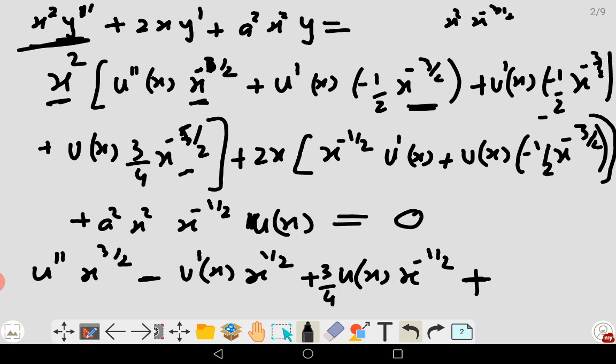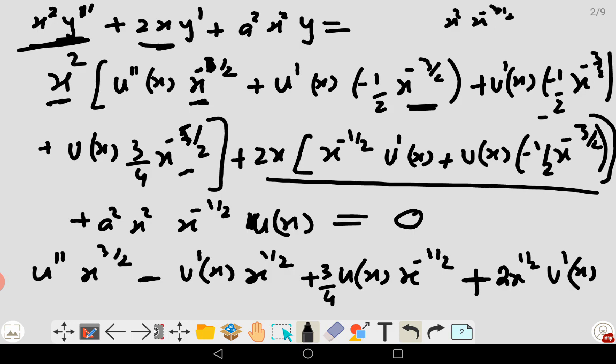Next, the next two terms for 2xy prime, we take it from here, multiply 2xy prime, we get 2x x power negative half u prime of x, you multiply this 2x here, and minus half into 2, 2 into half will be cancelled, so minus 1 x times u of x and x power minus 3 by 2, because x is multiplied, x is here 2x.